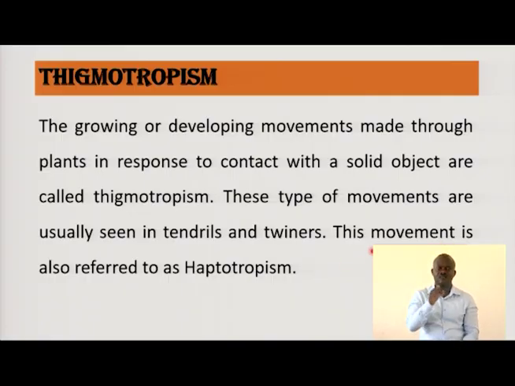These type of movements are usually seen in tendrils and twiners. Do you know tendrils? Excellent. If you know tendrils, that is good. And this movement is also referred to as haptotropism, thigmotropism or haptotropism. The response of the plant or plant organs towards touch.